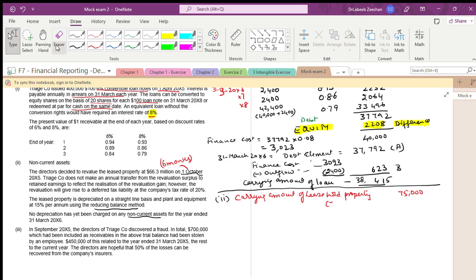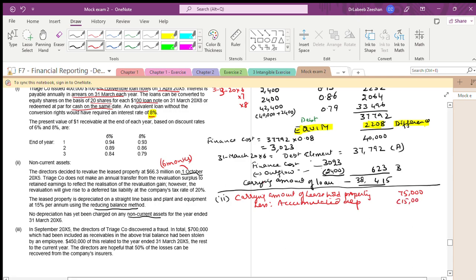Is it right? I will write like this. Less accumulated depreciation. Accumulated depreciation is how much? 15,000. It comes to 60,000. Is it right? 60,000.